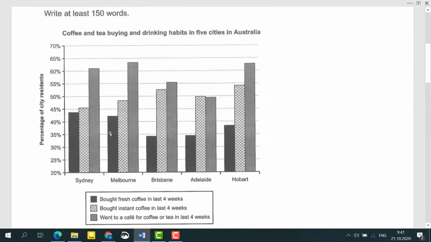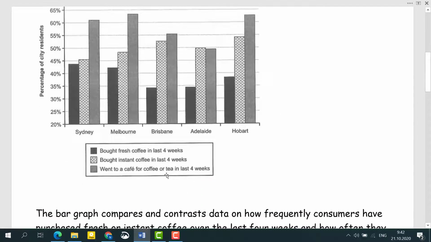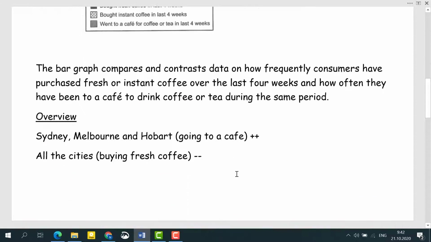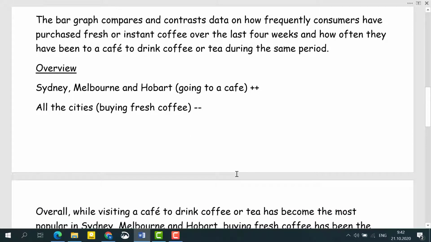Pay close attention to the grammar tenses that you need to use. So for example, here it's obvious that we need to use the present perfect, okay? You can't use just the present simple or the past simple, okay? And show a wide range of vocabulary and grammar to the examiner.